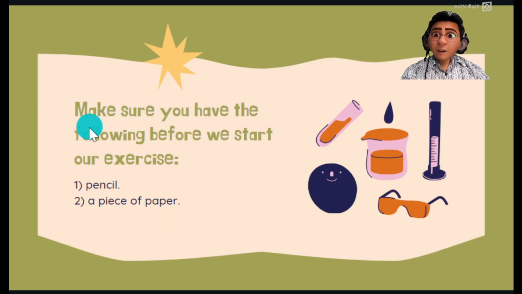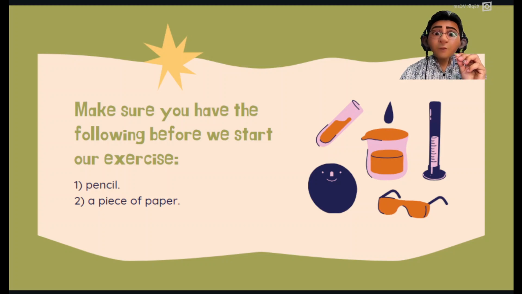So next we shall have a simple exercise. Just to tell you, the exercise would be in Google Form. So what I need you to do is you use a pencil and you need a piece of paper.